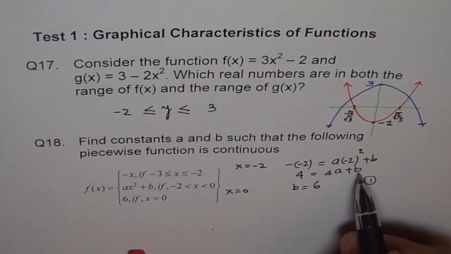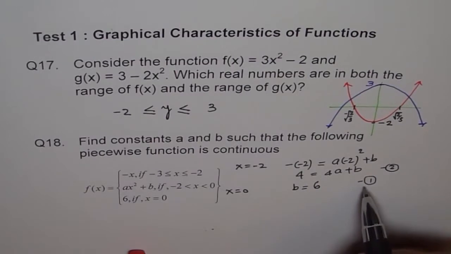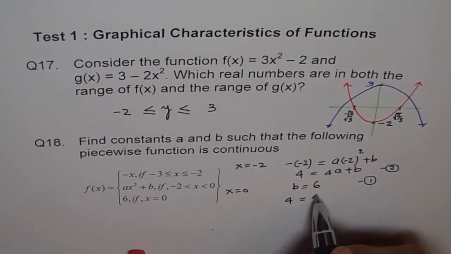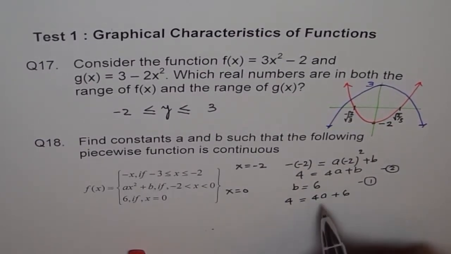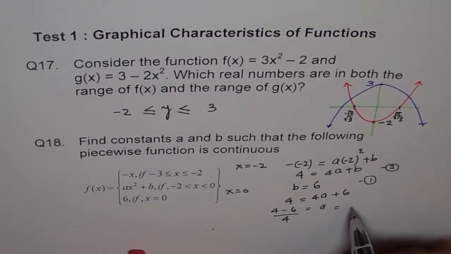We can put this value here and find a. So let me call this now equation 2. So let's substitute 1 and 2. And we get 4 equals 4a plus 6, and we can solve for a, right? So a will be 4 minus 6, then divide by 4, which will give us minus 2 divided by 4.